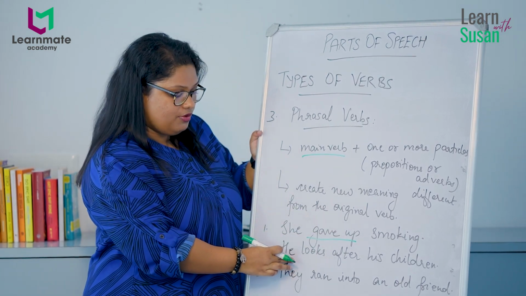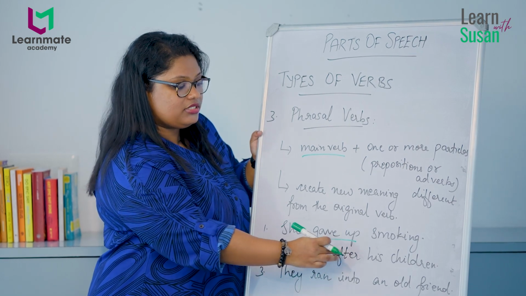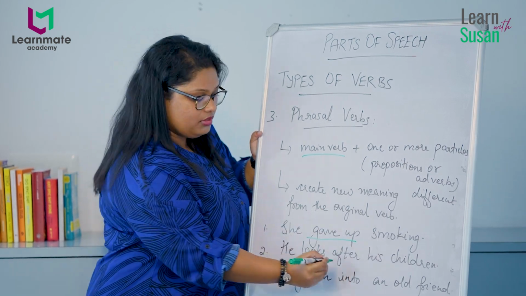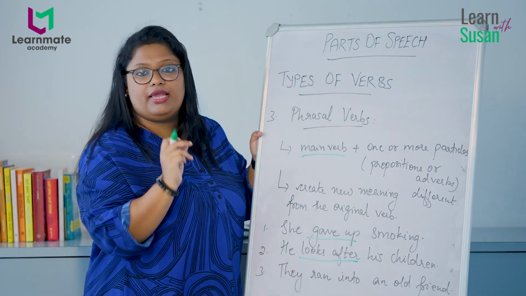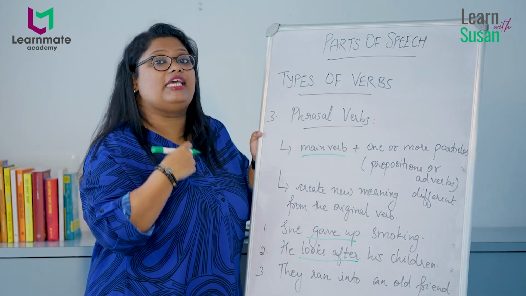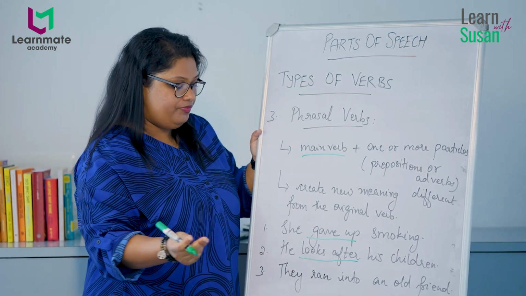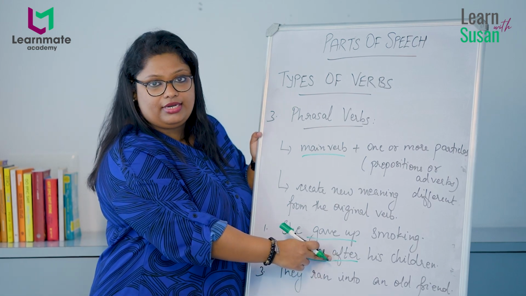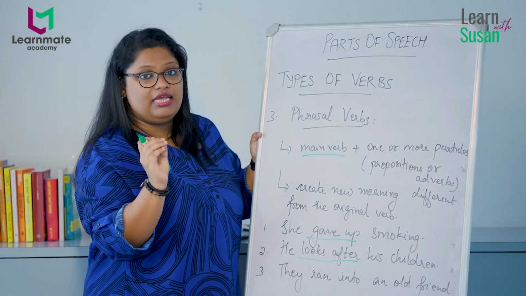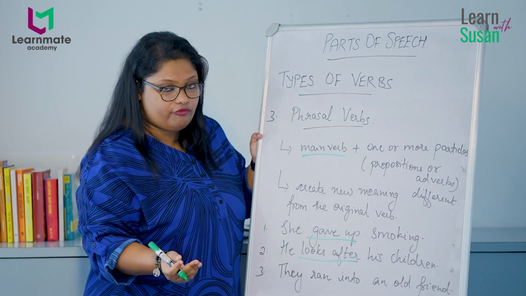The second one, he looks after his children. Here, looks after becomes a phrasal verb which means he takes care of his children. When you take the words separately, they do not give the particular meaning of taking care of.